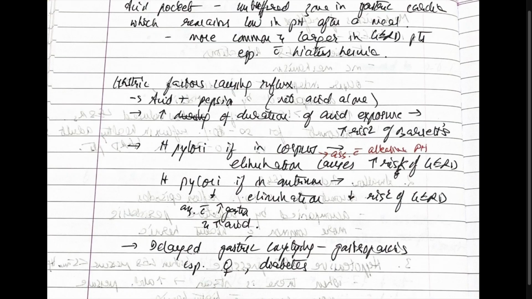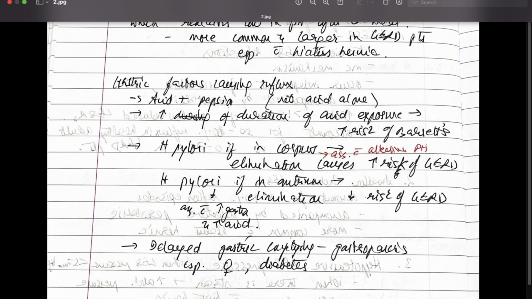H. pylori infection, if it is present in the corpus, is associated with an alkaline pH, and elimination actually increases the risk of GERD. But if the H. pylori is present in the antrum, this is associated with increased gastrin and increased acid, and elimination actually reduces the risk of GERD. Delayed gastric emptying, as in gastroparesis, seen in women and in diabetics, is also a risk factor for GERD.